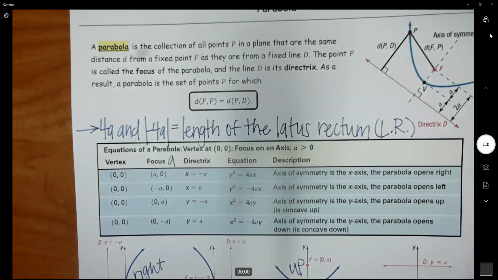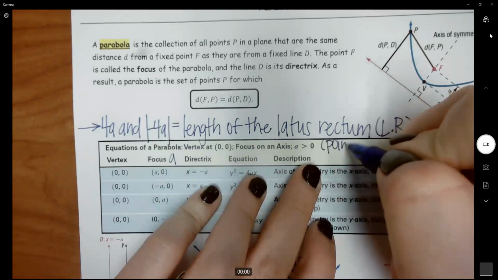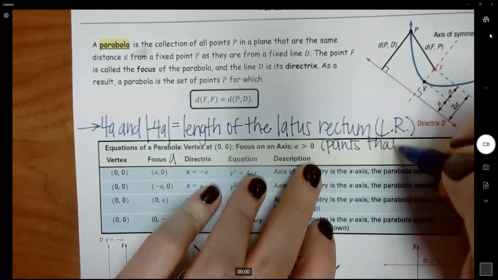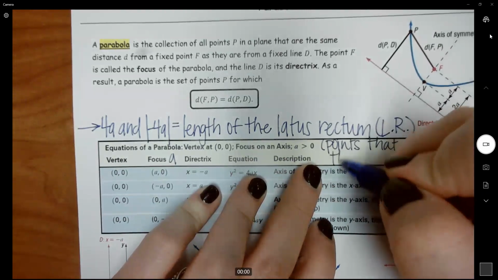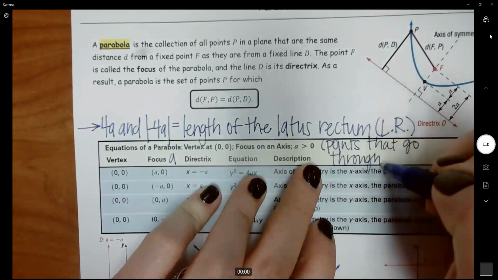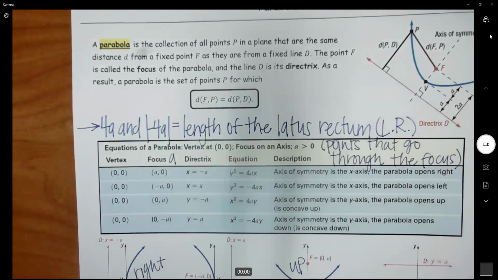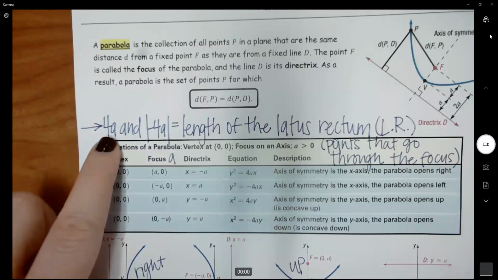What that latus rectum represents are the points that go through the focus. That's always going to be the length of that 4a.